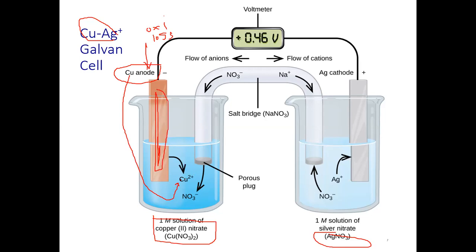Remember that ions are aqueous, so it's going to leave the rod, and more and more copper ions will come into the solution. So that's good. But what happened? The two electrons have been released, and these electrons are going to travel from here towards the cathode.